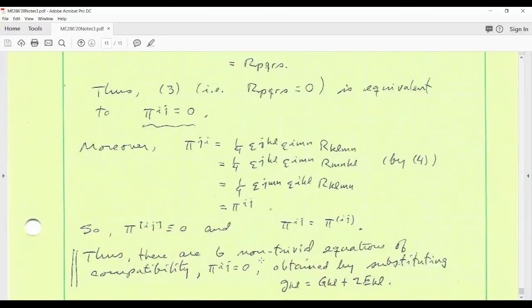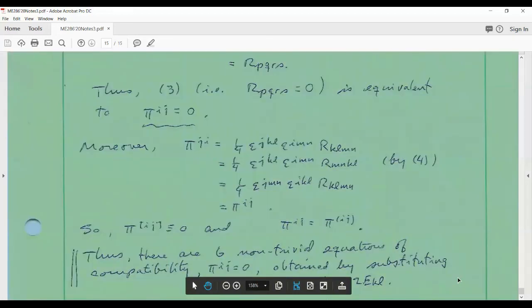And that explains what you've heard about in your undergrad days, that there are 6 independent equations of compatibility in 3-dimensional space. In 2 dimensions, in plane strain, for example, you have only 1 equation of compatibility, as it turns out. In 3 dimensions, you have 6. And that gives you 6 restrictions. That's good, because otherwise we'd be in trouble, right?